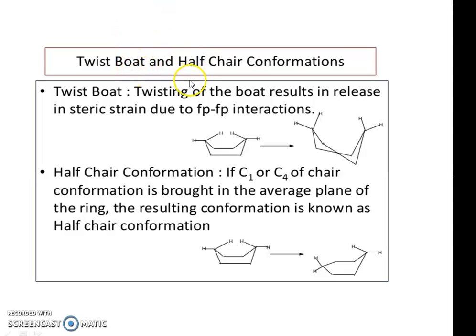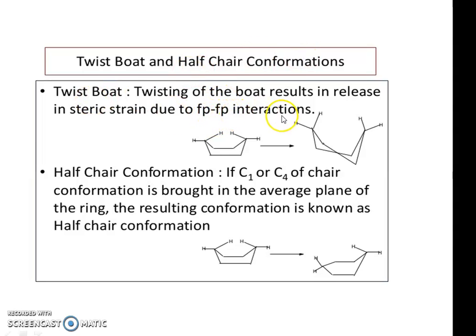And the next 2 types of conformations are twist boat and half chair conformation. What is this twist boat? The twist boat is the conformation obtained by twisting the boat, and it is obtained after the release of steric strain, which is due to the interaction of flagpole hydrogens.